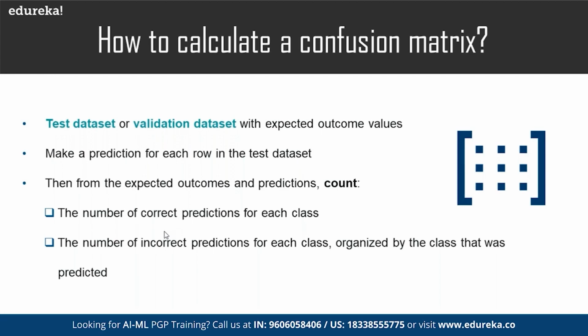So we have multi-class classification, and single-label and multi-label classification. There are different kinds of things we get to meet, but at this point this is out of scope for us. So the number of incorrect predictions for each classification is organized by the class that was predicted.